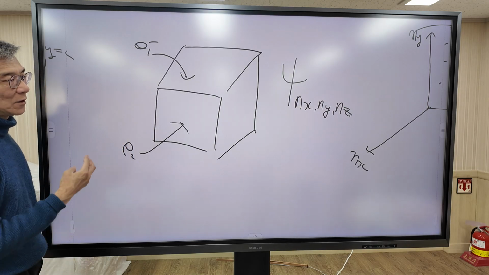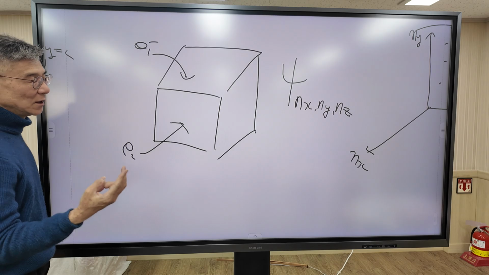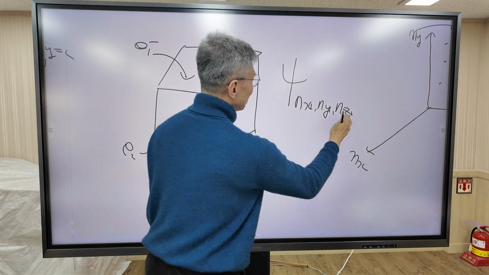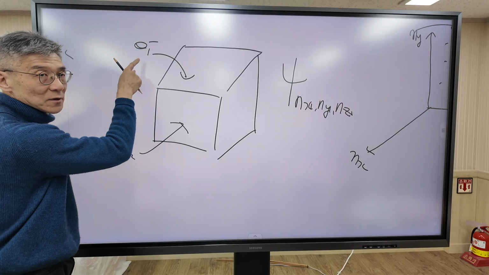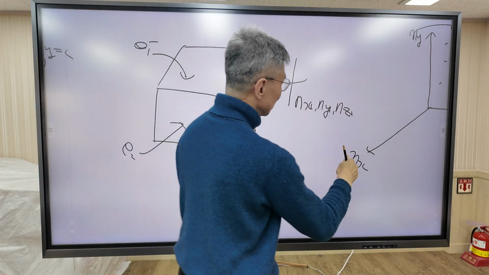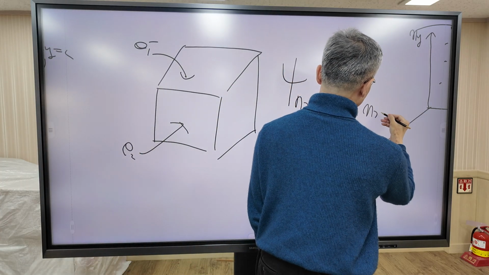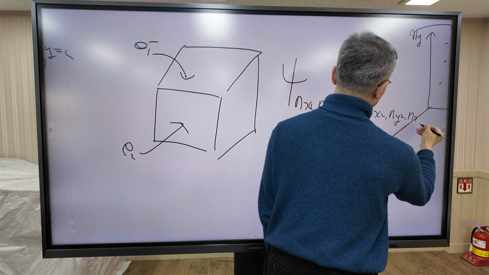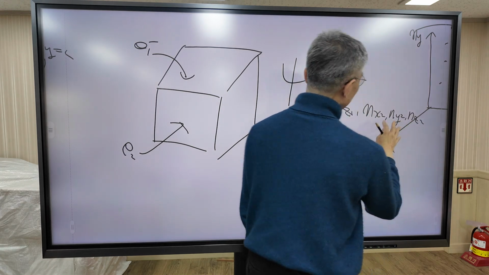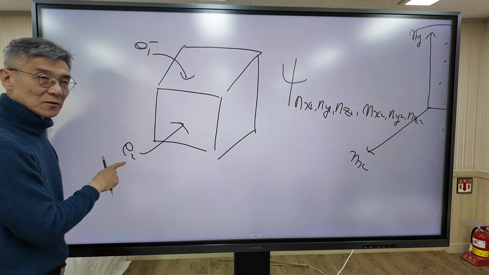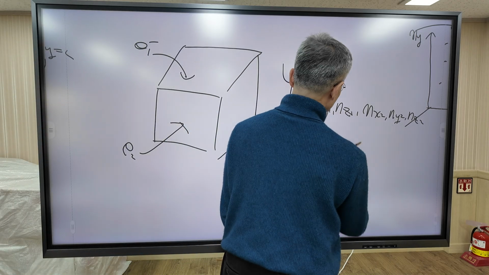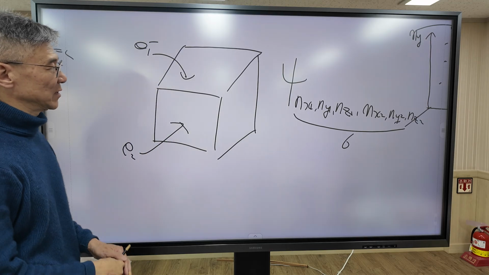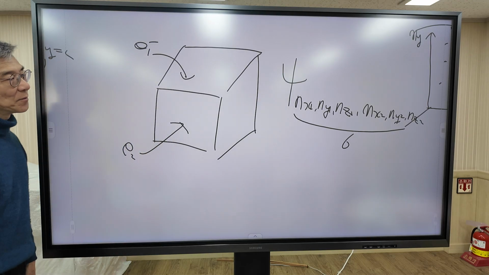Actually, we use 6 quantum numbers. nx1, ny1, nz1 represent the quantum mechanical state of the first electron, and we have another three quantum numbers needed to represent the second electron. So a total of 6 quantum numbers are needed to represent two electrons.